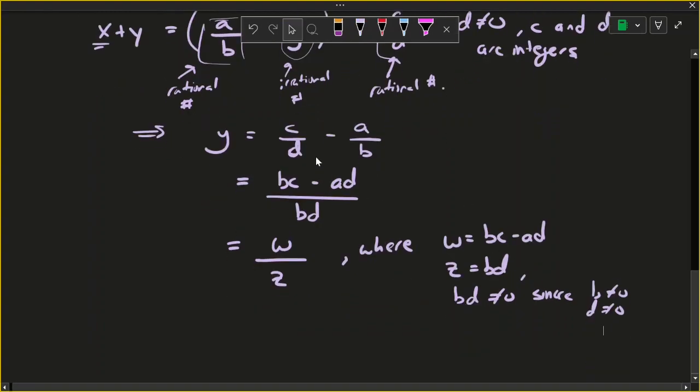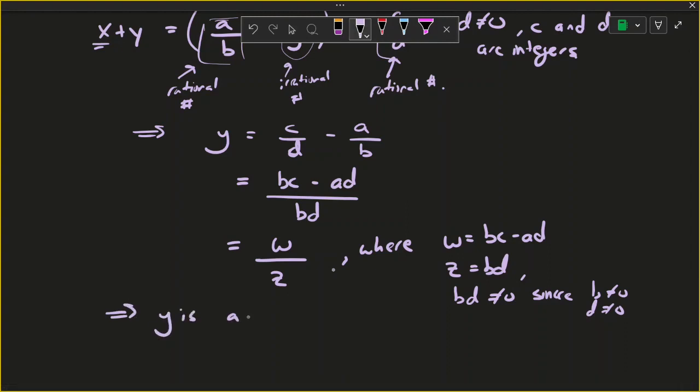And hopefully you see now that, under these implications, these following steps, y is equal to two integers being divided. And the bottom's not 0, which means y is a rational number by definition.